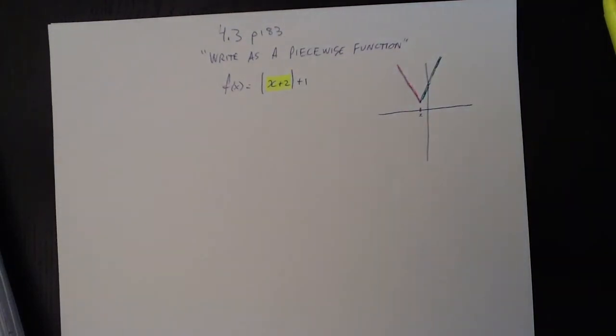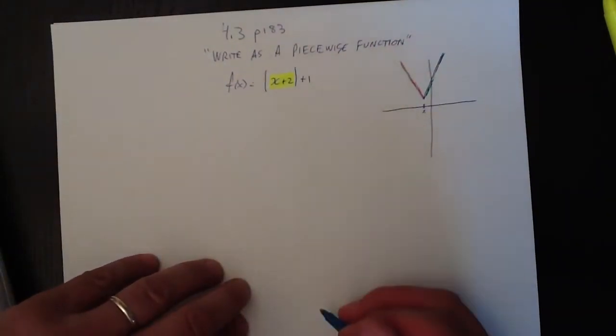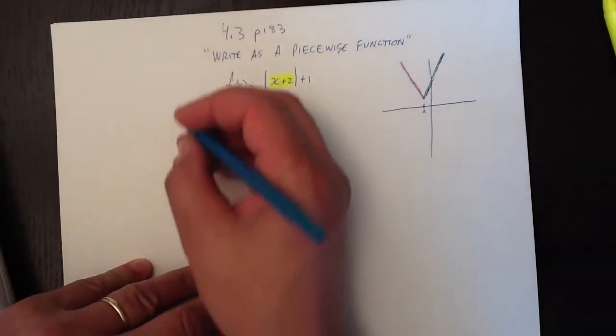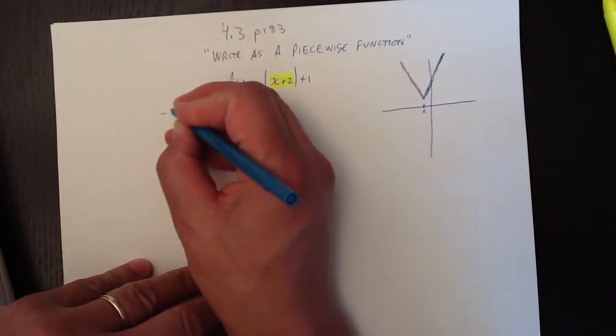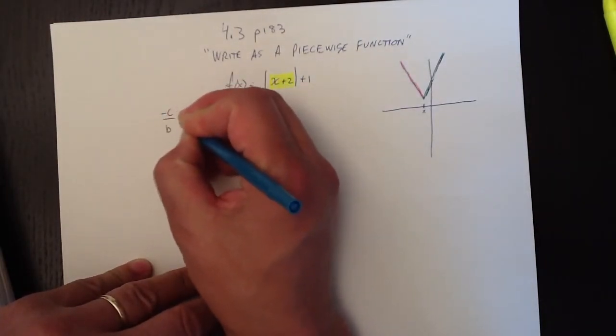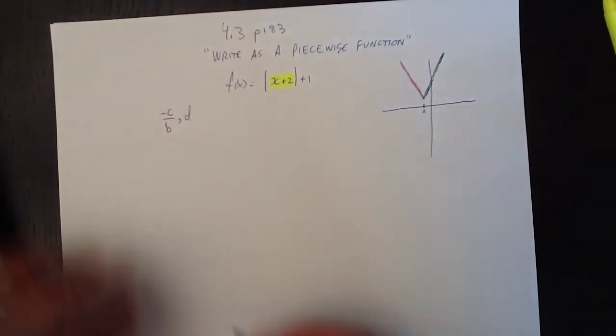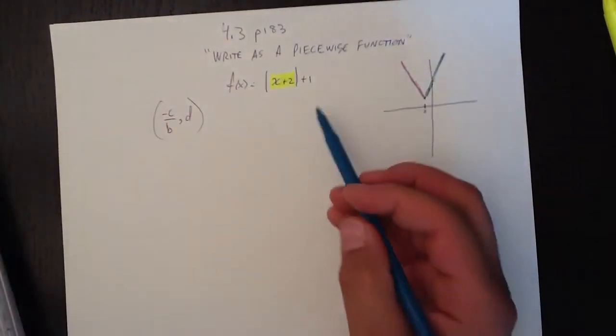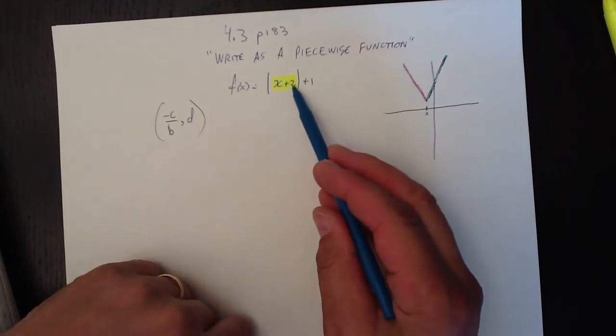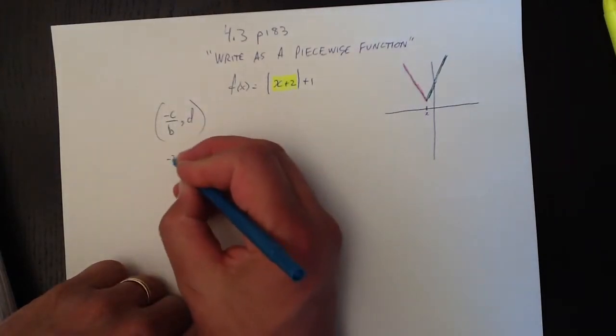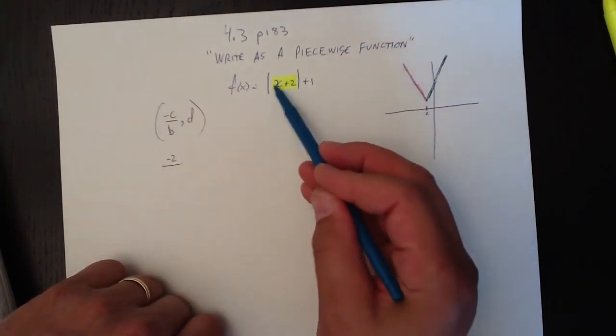So I've already given part of it away. Step number 1, find the vertex. The vertex is negative c over b, comma d. This is c here, the 2, so it's negative 2 over b. b is the multiple of x.